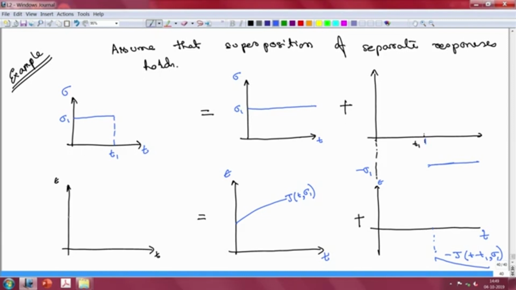So, what you will end up with, this is let us say t1, is a graph like this. Have you seen this graph before? We have seen this when we were discussing the creep and the creep release test. Remember? This is the typical response of a viscoelastic material.